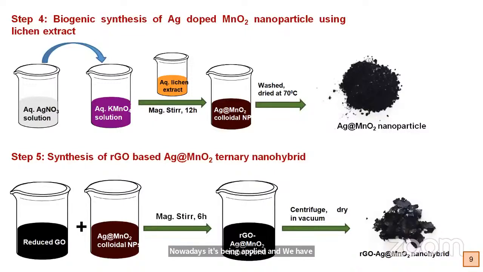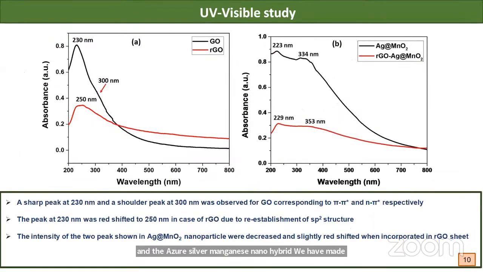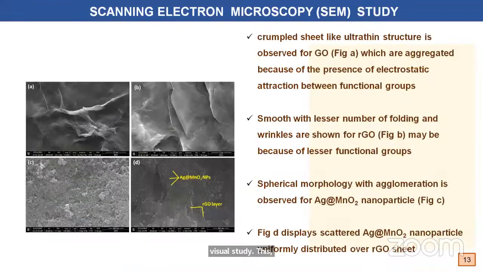made a combination with silver manganese nanoparticles, the RGO silver manganese nano hybrid. And we have found by UV visible study this RGO silver manganese oxide nanomaterial, and we have compared it with the silver, and we see that there is an RGO layer also.